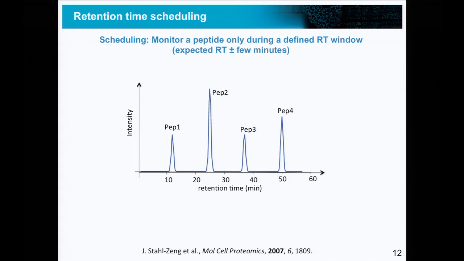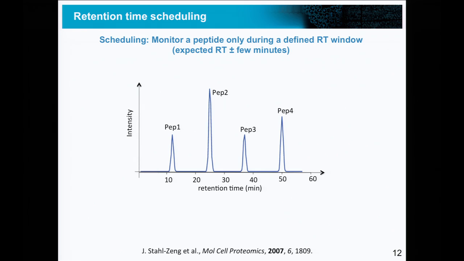What retention time scheduling means is that you do not monitor the transitions of a specific peptide over the whole LC gradient that you apply, but you define your acquisition to a certain retention time window where you expect your peptide to elute.